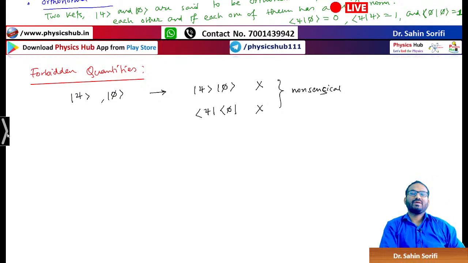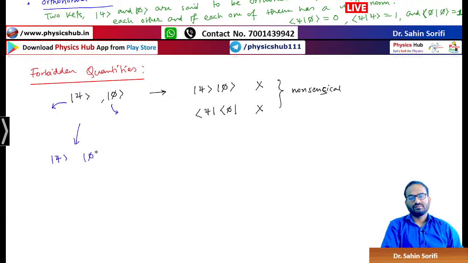So it may happen that we have two basis vectors, one belonging to some space, another belonging to another space. Then their product, if you want to write it as psi phi, this is not written in this way. Rather, the allowed form is written in this way. If you want to write it in terms of this, you have to write it by this. This is called the outer product. We will talk about it later on also.